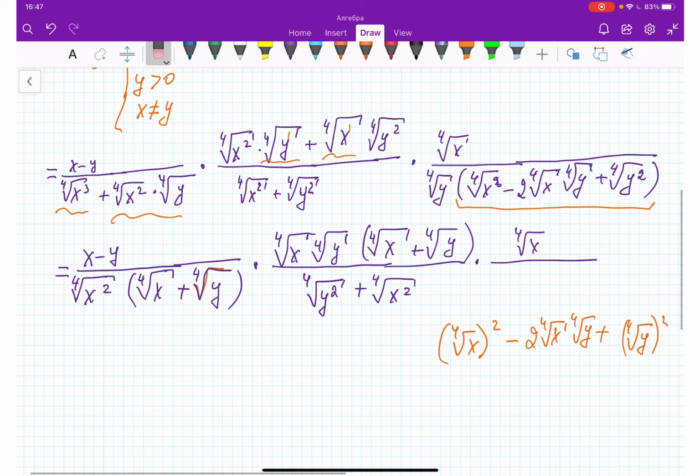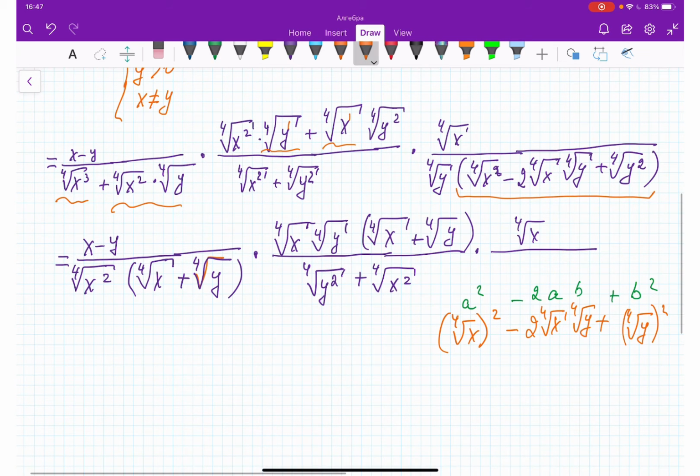Does it look like a squared plus b squared plus minus 2ab? Look here. This is a squared. This is minus 2ab. This is b squared. So this is going to be equal to radical degree 4 of x minus radical degree 4 of y, and this is squared.